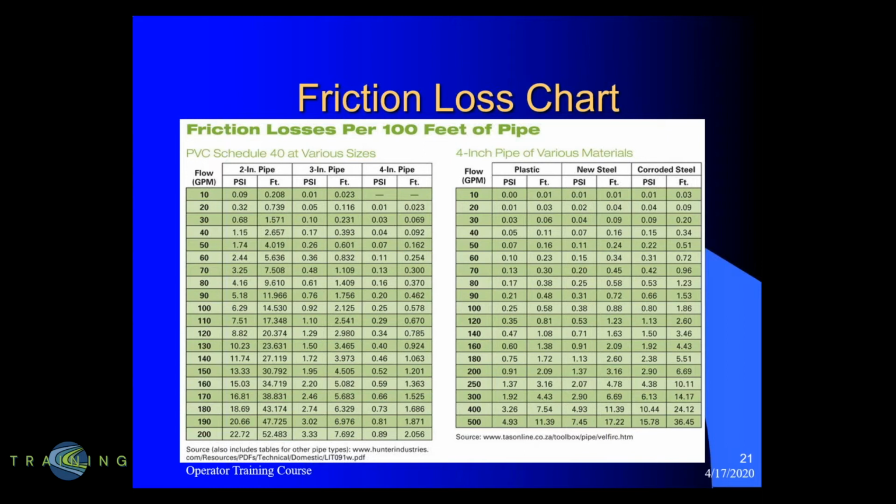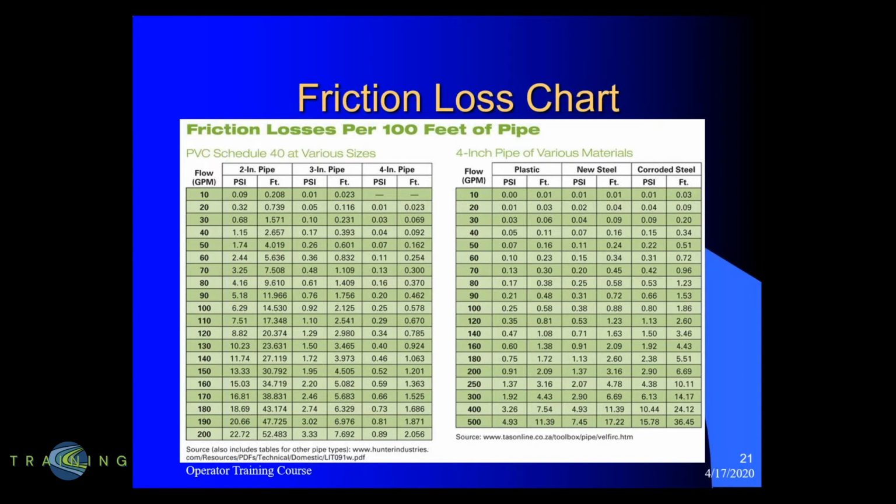So when we look at this, for instance, if you look at the 100 gallon per minute flow in a 2-inch pipe, you look down and you'll see that at 100 gallons a minute, it loses 14.53 feet of head through 100 feet of pipe. So trying to push 100 gallons a minute through a 2-inch line is maybe not a great idea.